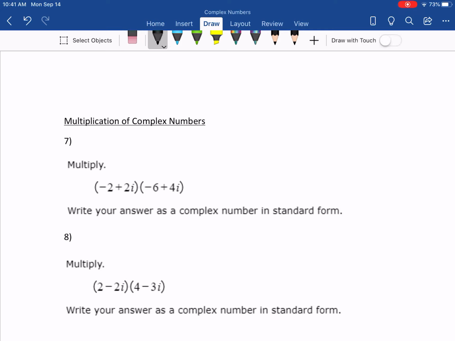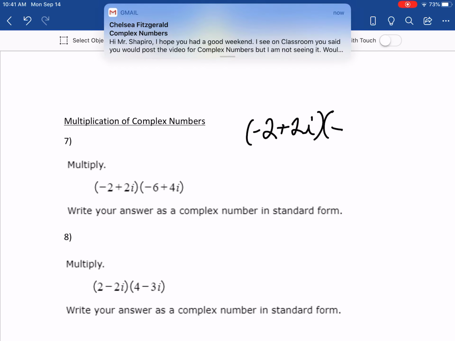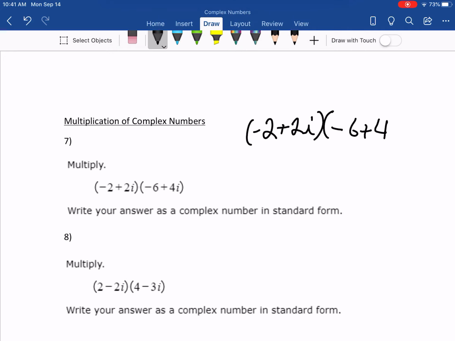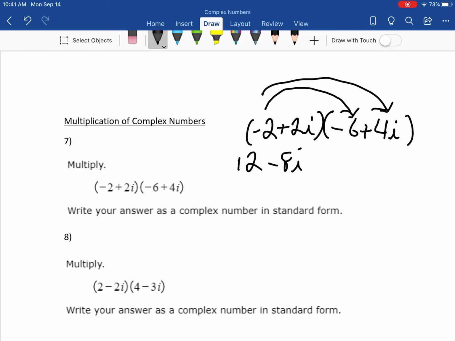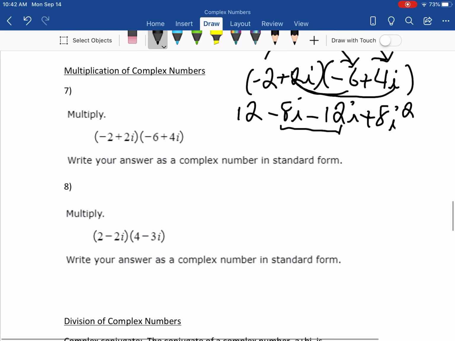All right, so if we're multiplying negative 2 plus 2i and negative 6 plus 4i, we're going to distribute the negative 2, so that's 12 minus 8i, and now we'll distribute the 2i, so that's negative 12i, and then 2i times 4i is plus 8i squared. We have like terms over here.